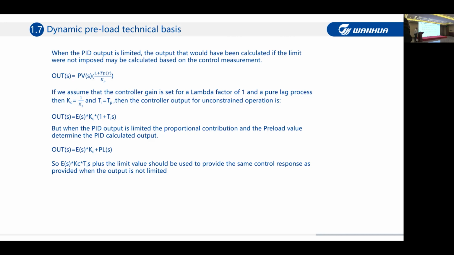KC, the controller gain, is calculated from the process time constant divided by KP multiplied by the dead time plus lambda, which is the standard formula. Here we assume a no dead time process.